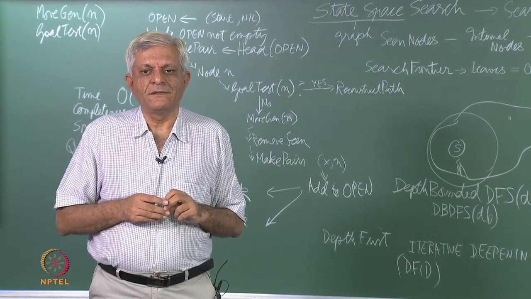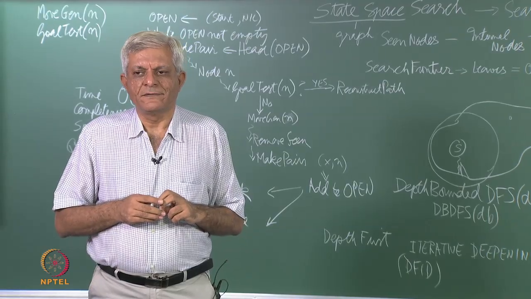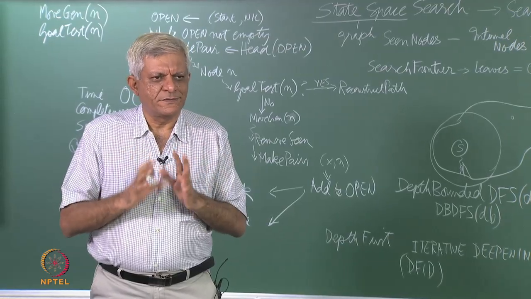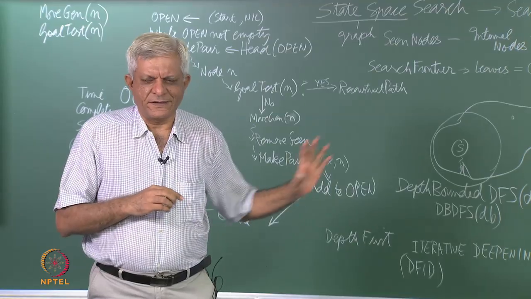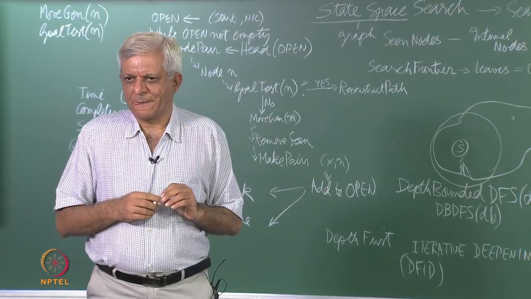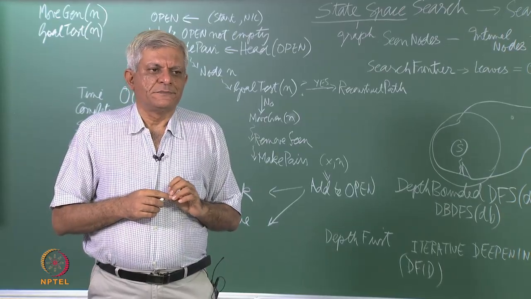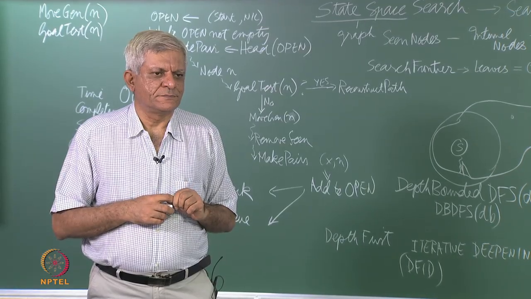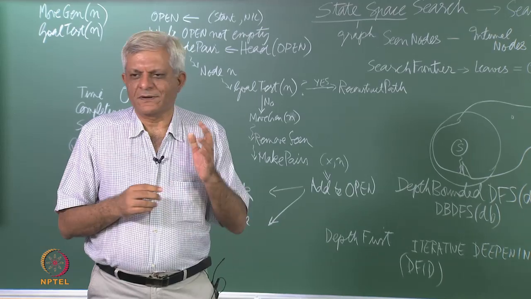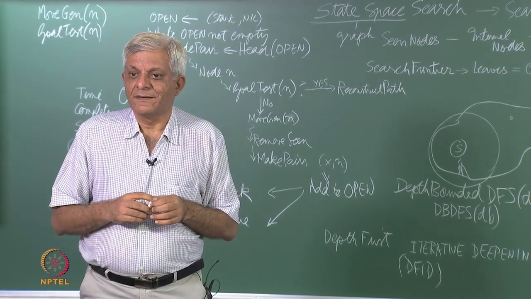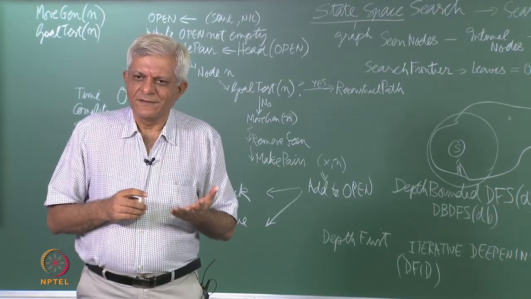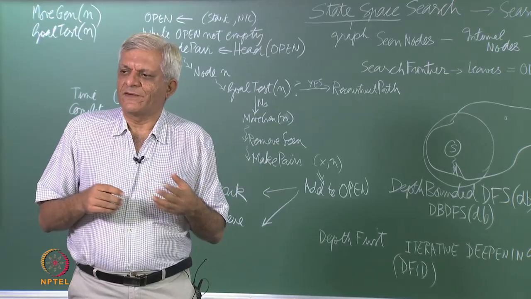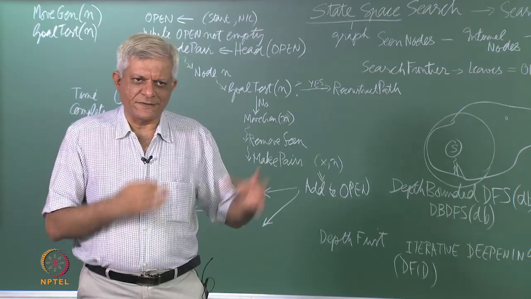Space complexity. When we say space complexity, we mean the size of open. So, that is the convention we have been following essentially. Come on. Same as DFS. Why? For the simple reason that it is DFS. Of course, it is not one DFS, it is many DFSs.